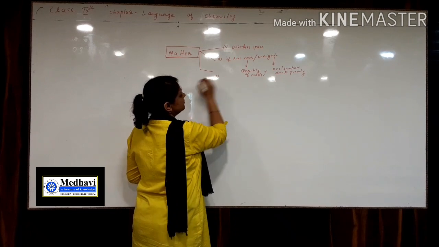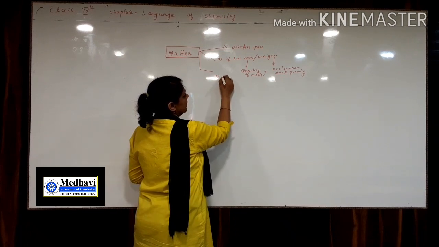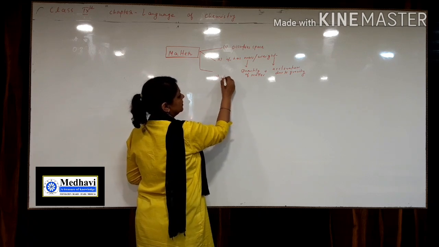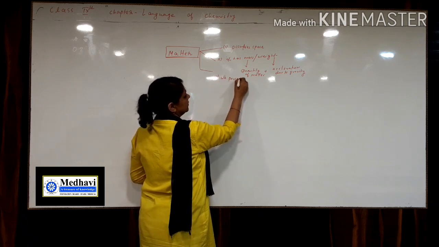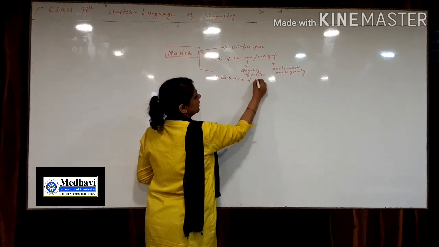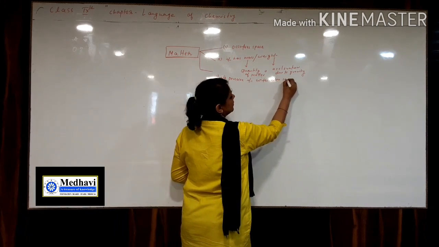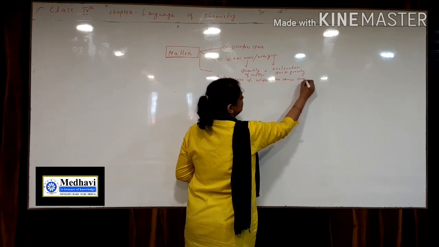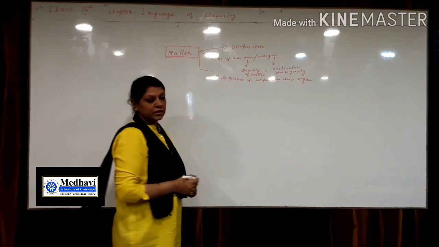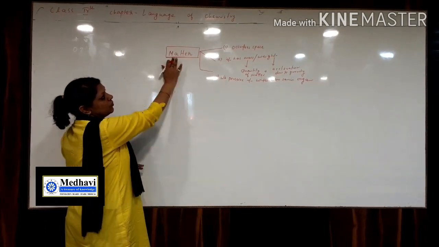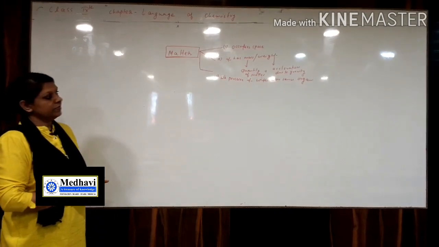And third part that is very important, we perceive it with our sense organ. So these three conditions are very important for any substance to behave as a matter.